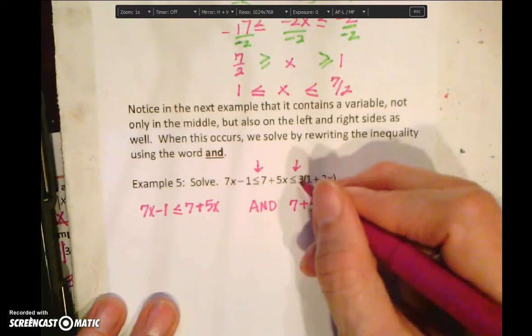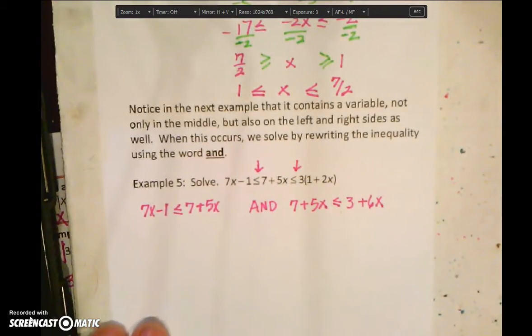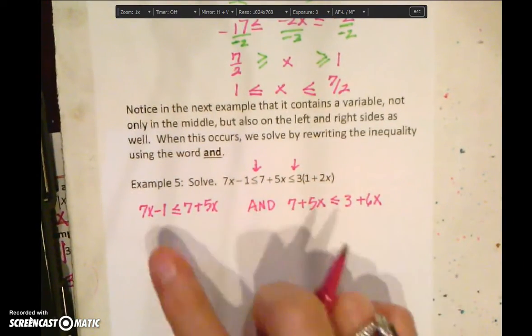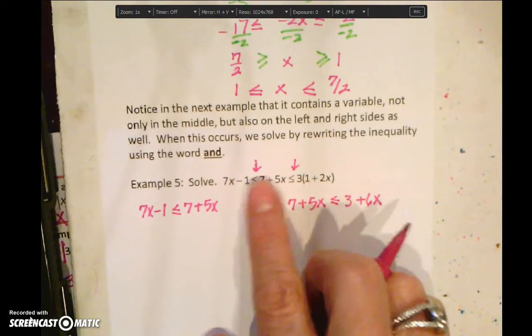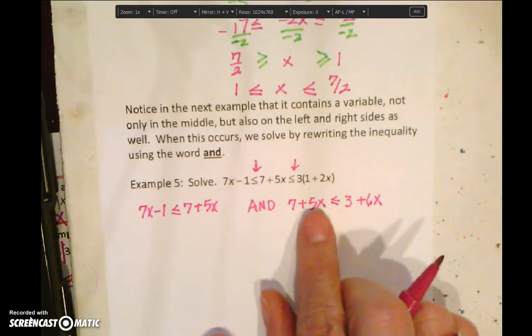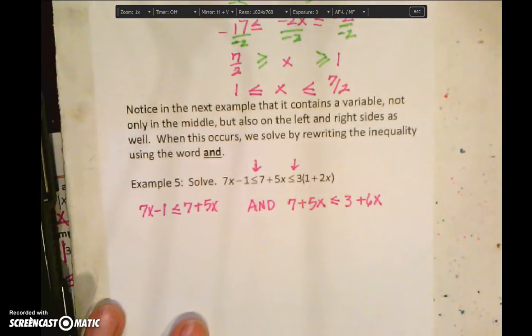I'm going to go ahead and distribute it and get 3 + 6x right there. So notice that middle section repeats here and here. So the left is less than the middle, and also true is that the middle is less than the right side.